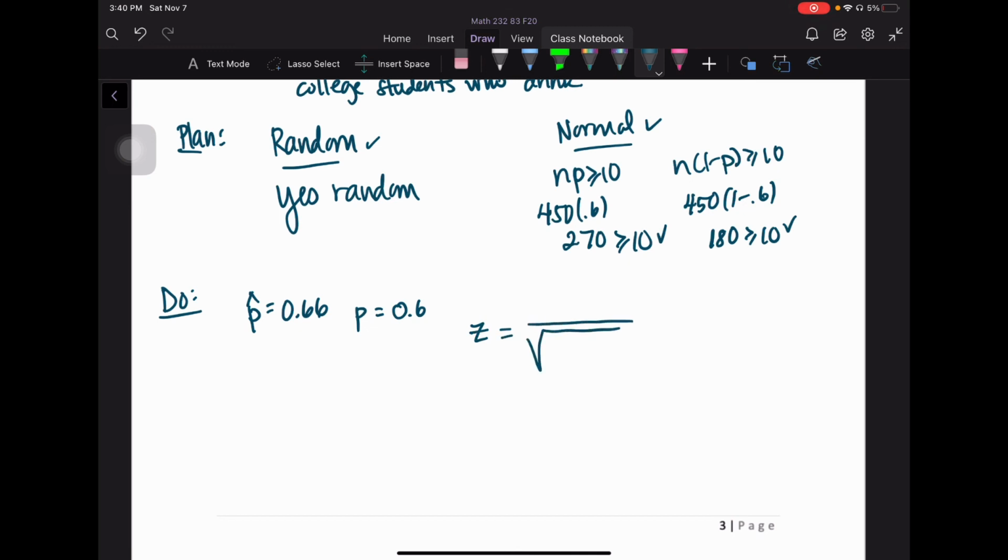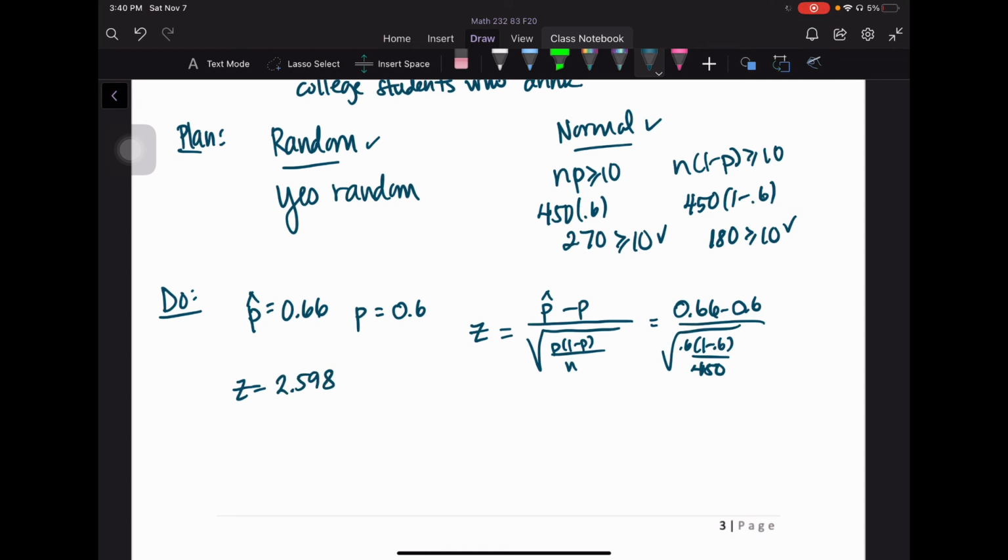And remember, the z-score is found by doing p hat minus p divided by the square root of p(1 minus p) over n. That's the same thing as 0.66 minus 0.6 divided by the square root of 0.6 times 1 minus 0.6 over 450. If you do those calculations, you should get 2.598.